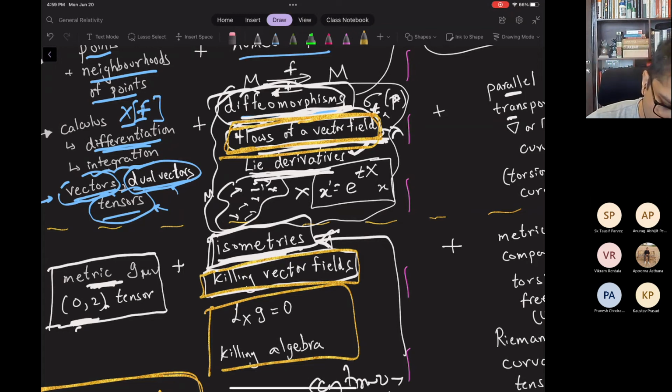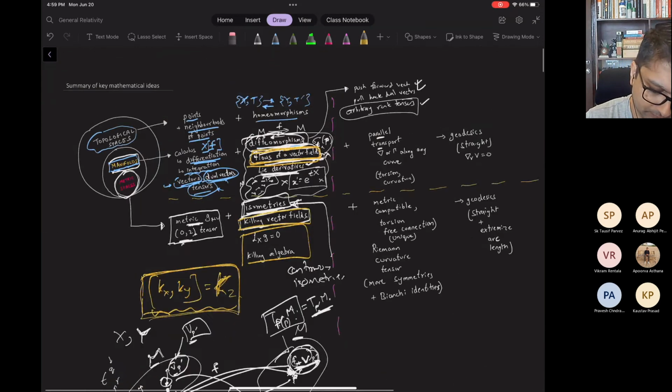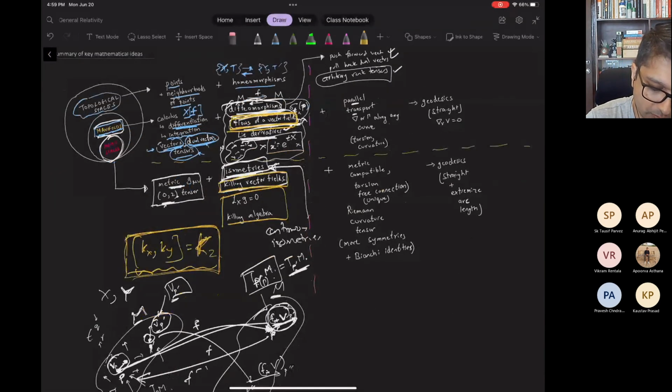Now let's go back to some of the things that we had learned earlier. Let's look at the concept of a manifold again without a metric. We've seen that you can have diffeomorphisms, flows of vector fields, and Lie derivatives, but we had seen earlier that I can impose additional structure on a manifold.